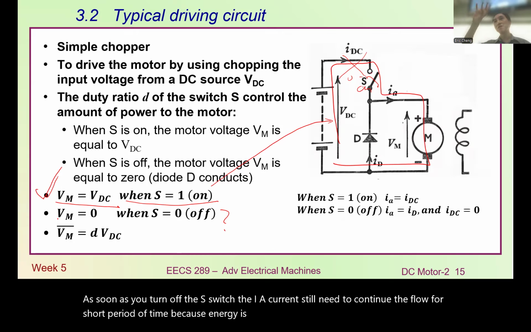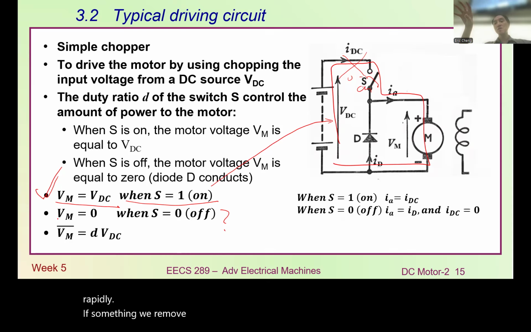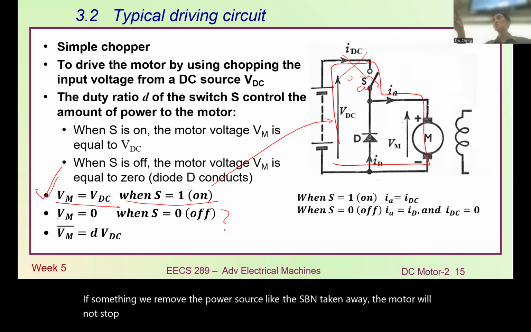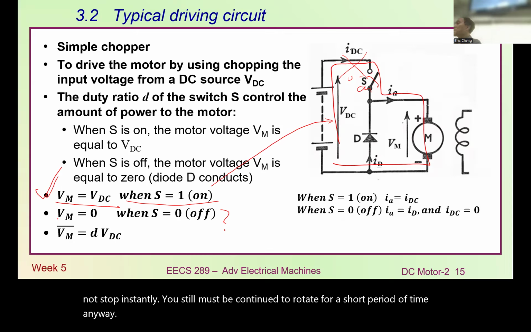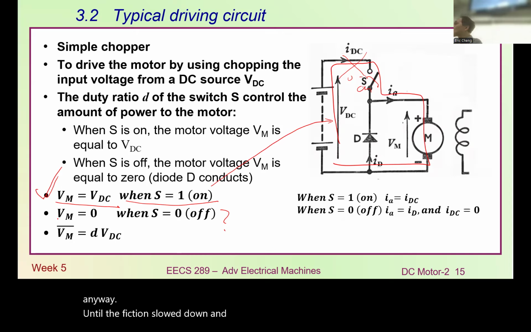You can see that when the motor rotates rapidly, if we suddenly remove the power source, the motor will not stop instantly. It must continue to rotate for a short period of time until friction slows it down. If the motor continues to rotate in the forward direction, the back EMF is proportional to omega.